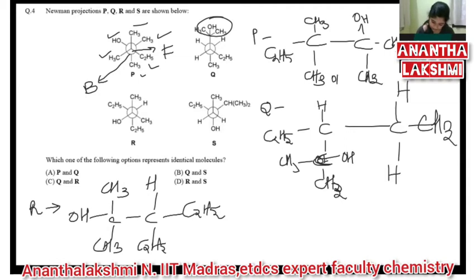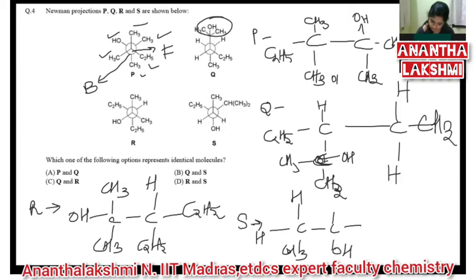Great. Now coming to the last one, S. Again, we'll write 2 carbons and then we'll write its branches. H, H, CH3, that's shabby, I know, I'm sorry.